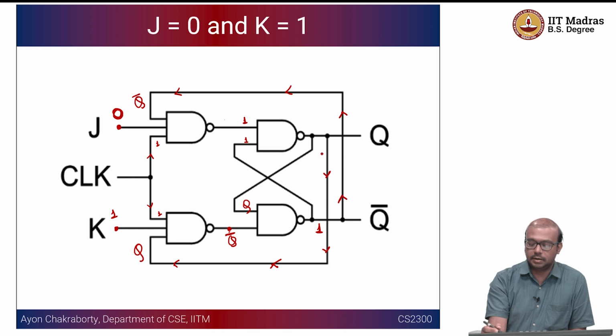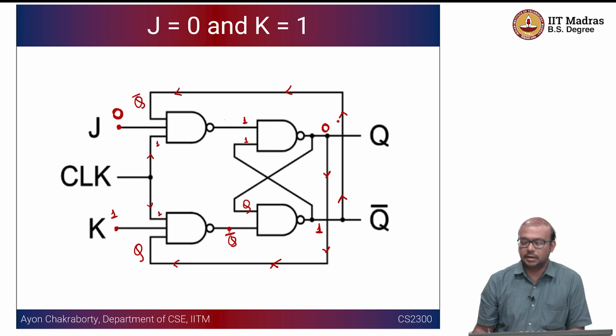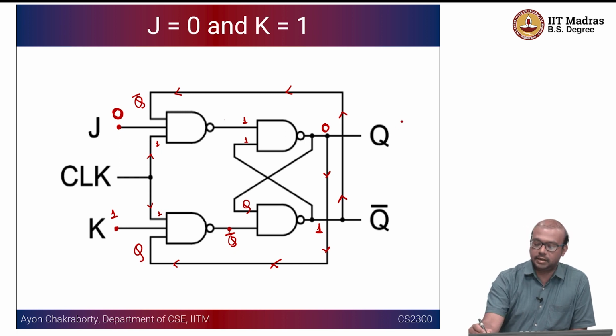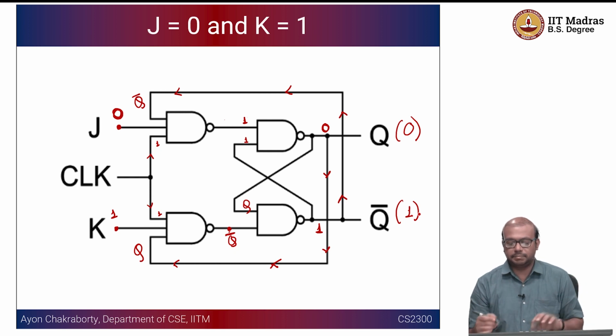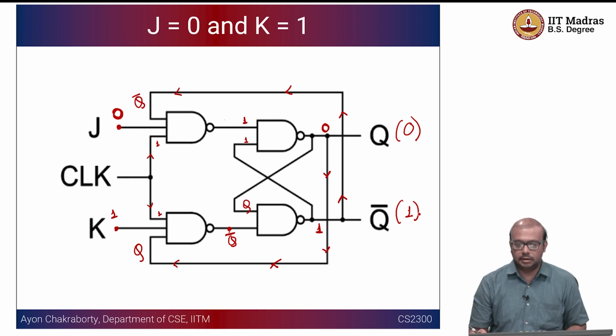So 1 and 1, the output is 0. So in this particular case, as you can see, if J is equal to 0 and K is equal to 1, the output for Q is going to be 0 and Q bar is going to be 1. You can practice it one more time on your own, to see how it is working. So these are the outputs if J is equal to 0 and K is equal to 1.